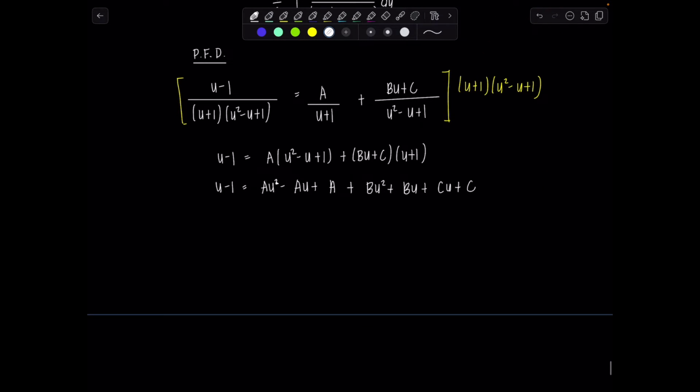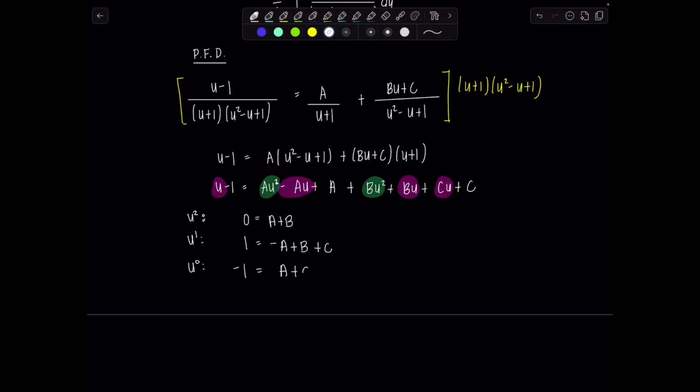Okay, now let's solve for A, B, and C. I don't see any u squareds on the left-hand side, so 0 has to equal A plus B. For u to the first, there's 1 u on the left, so that must equal negative A plus B plus C. And then for u to the 0, our constant term, we've got negative 1.